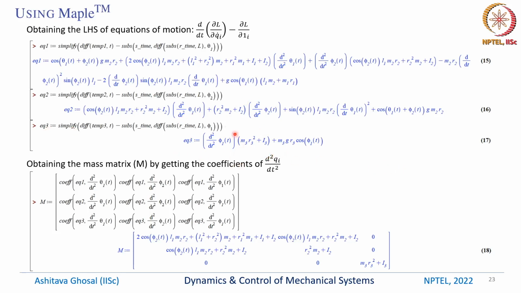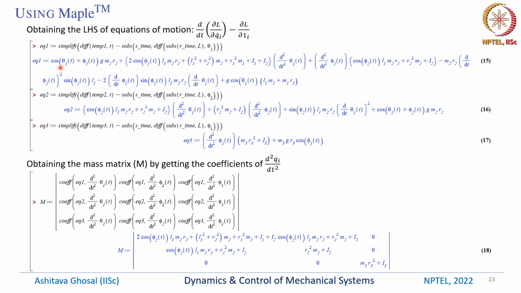As you can see, we have some m3 r3 square plus I3 into phi 1 double dot, and then the gravity term, m3 g r3 cos phi 1. This is for the output link. The output link has no connection with theta 1 and phi 2 yet. We will connect theta 1, phi 2 and phi 1 using the constraint equations.